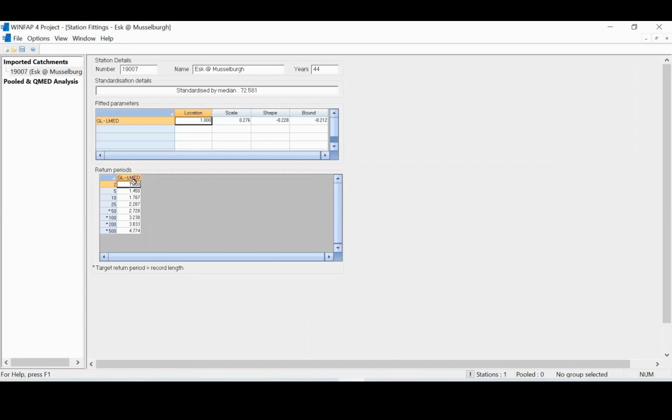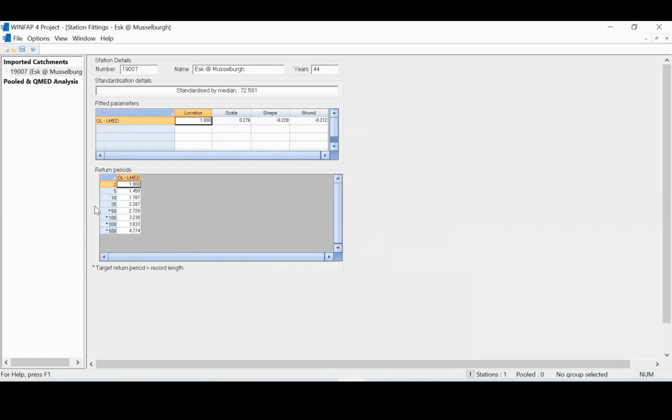We can see that for the 2-year event, a growth factor of 1 is derived, and that's just to reflect the fact that the QMED, or the index flood, is typically equivalent to approximately a 2-year event, so there's no adjustment when you are looking at the 2-year return period. But for higher order events, you're looking to multiply your QMED estimate. The 500-year event, for example, would multiply by 4.774 to derive the 500-year flow based on a single site analysis.